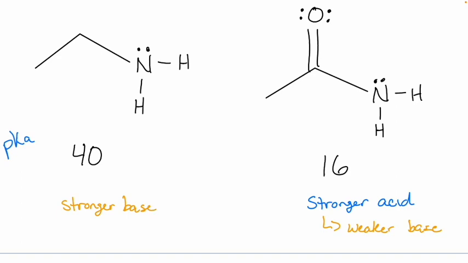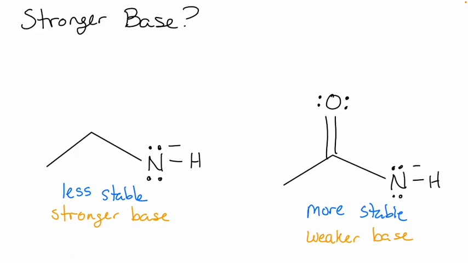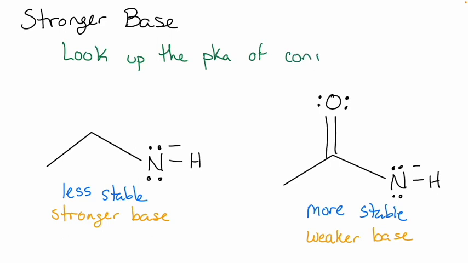All right, so comparing base strength here, which one is the stronger base? What are we going to do? We're going to look up the pKa of the conjugate acid.